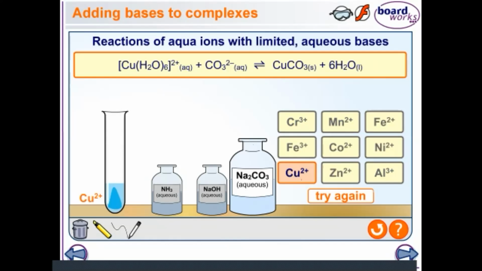No carbon dioxide. What happened here is that the ligand water in the complex is being displaced or replaced by the carbonate ion. So that's why there's the formation of copper carbonate, and the water molecules are being displaced.